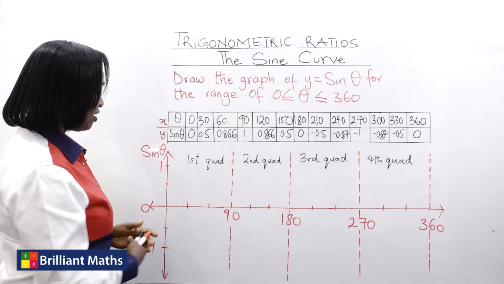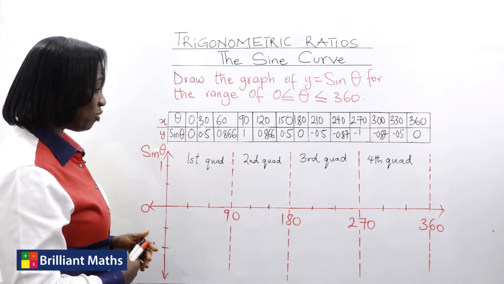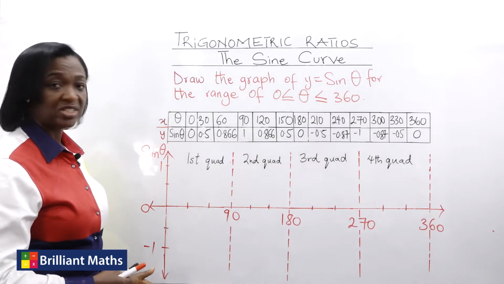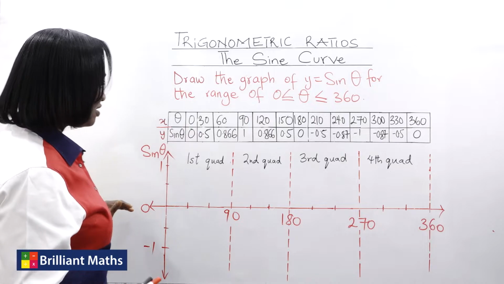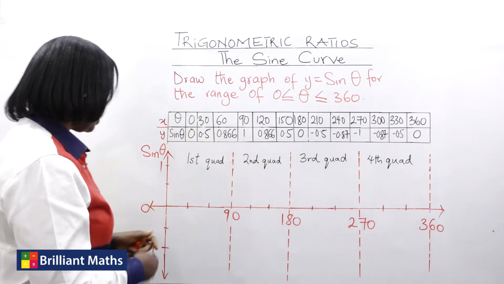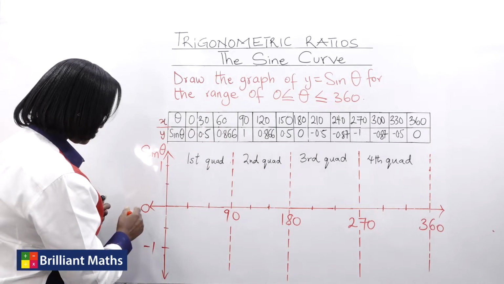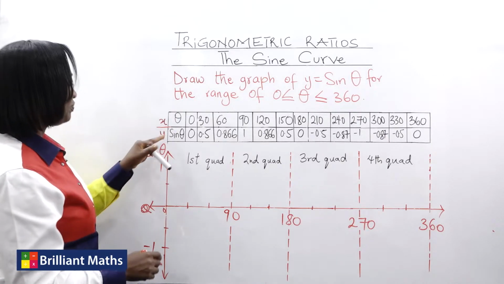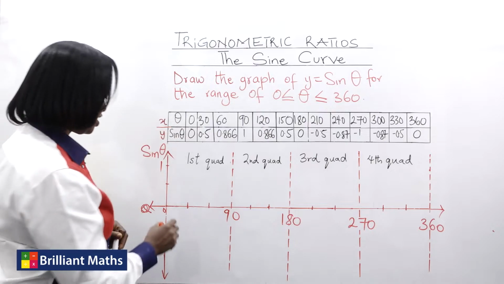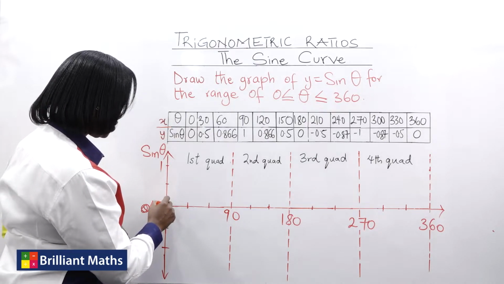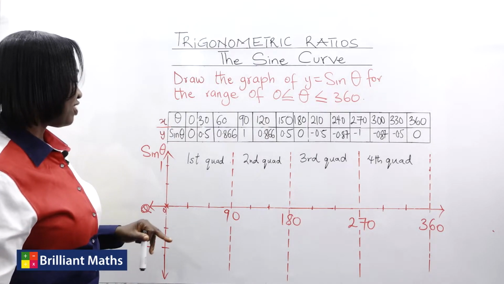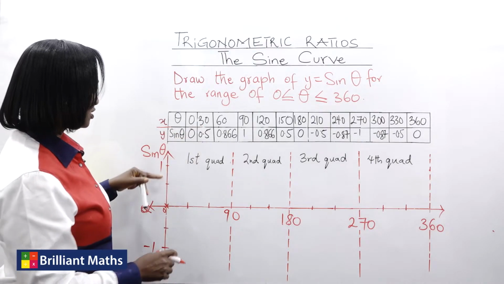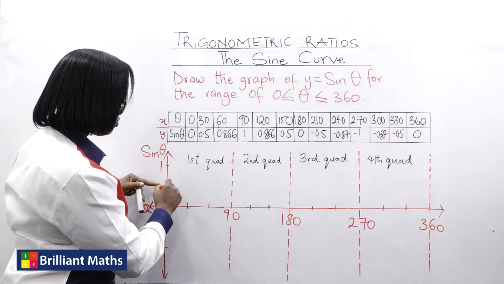We have the quadrants on the board. That's our y-axis, which is sine theta, and the x-axis, which is theta. So theta is 0, and sine theta is 0, so the point is right here. When theta is 30, sine theta is half, so that's somewhere here.